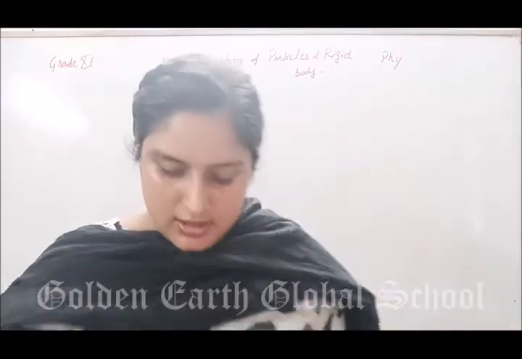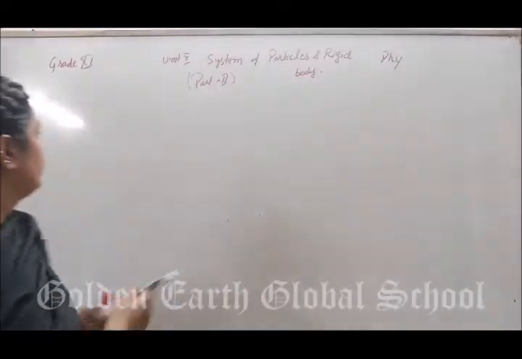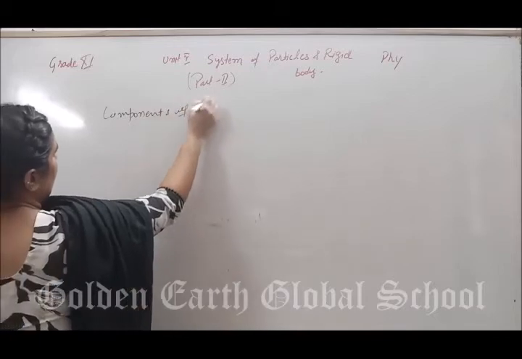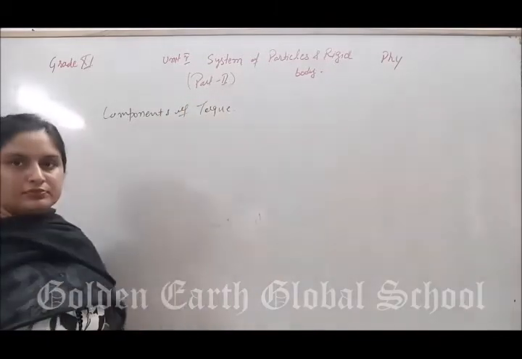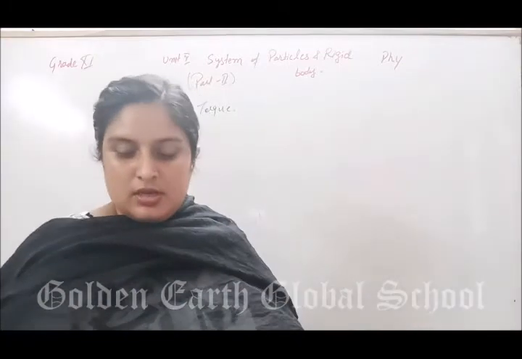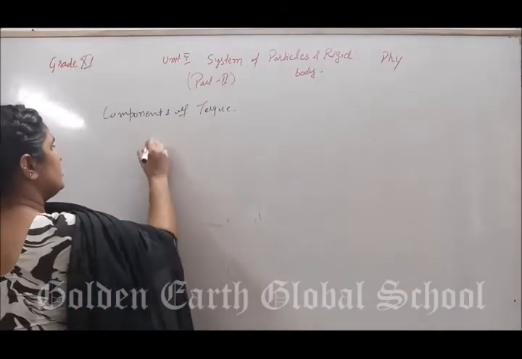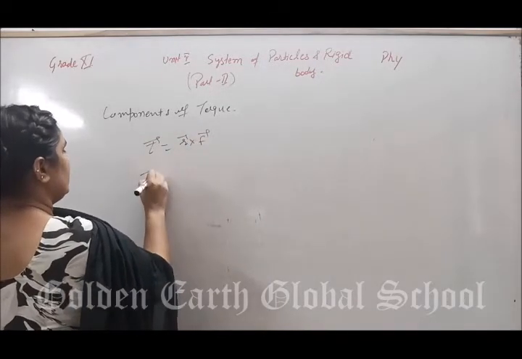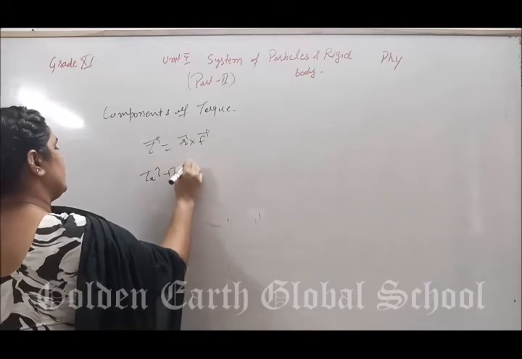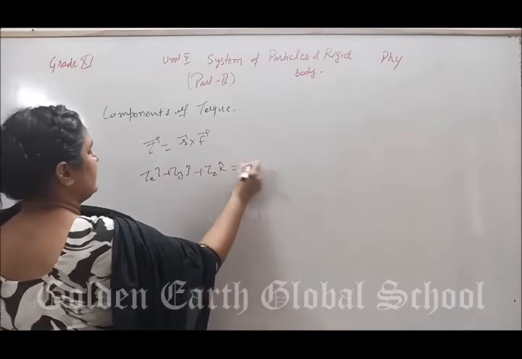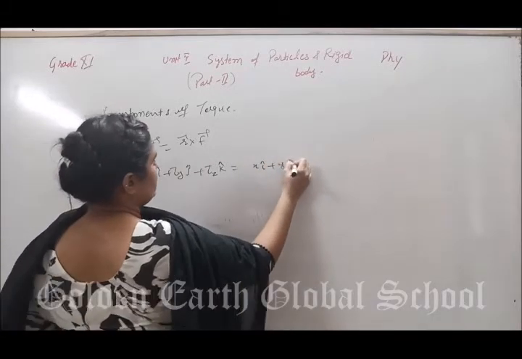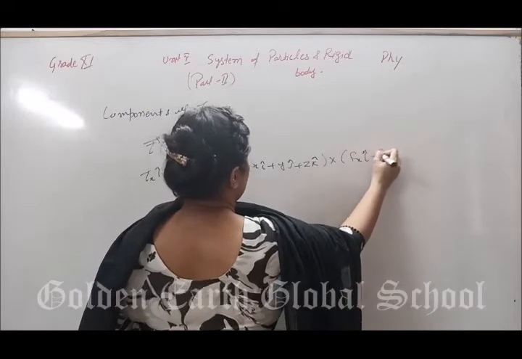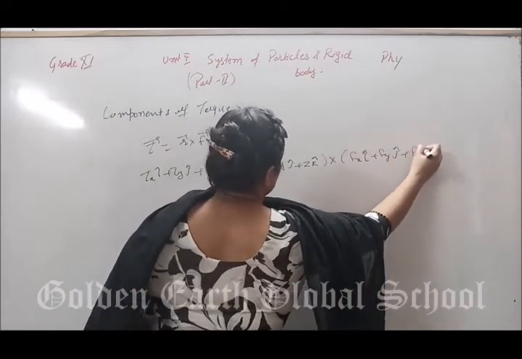Next topic is the components of torque. For that, I am going to use the relation torque is equal to R cross F. Writing torque as tau x i cap, tau y j cap, tau z k cap, that is equal to x i plus y j plus z k cap, cross Fx i plus Fy j and Fz k cap.